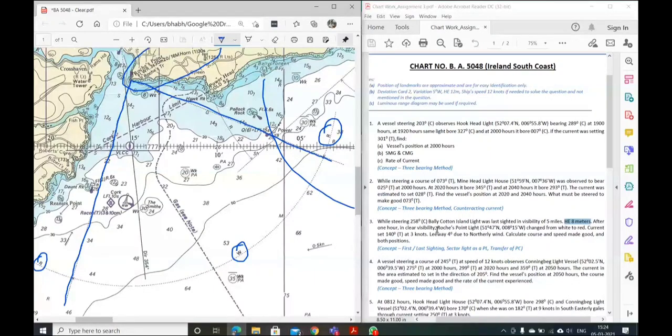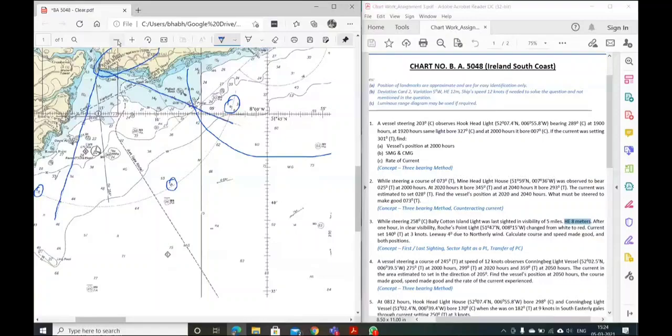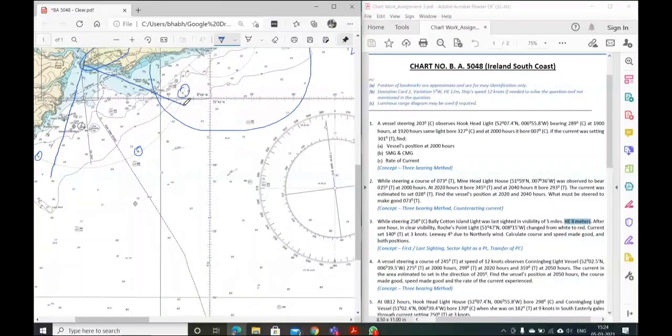Now it says vessel was moving, steering 258 compass, and Roche's point light changed from white to red. So let me zoom out a little bit now. So beta, these are the two lines which are representing the sectors. So can you tell me, if our ship is moving in a southwesterly direction, the course is 258 compass, so the vessel is moving something like this.